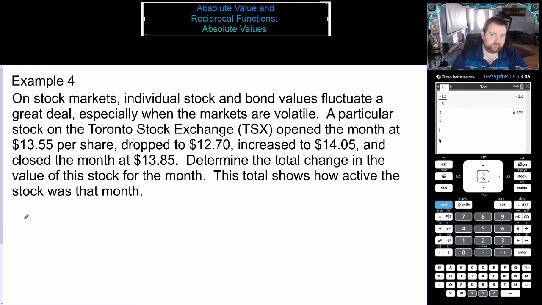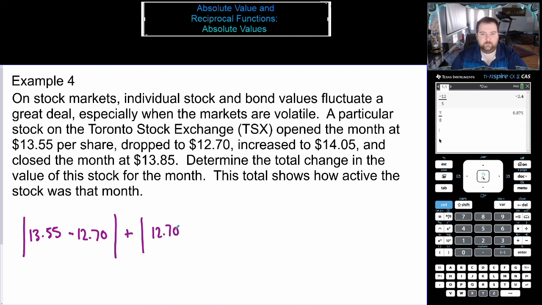So how much change did it go through throughout the month? Okay, well, let's look at the first change. So we went from $13.55, and then it dropped to $12.70. So what I did here is I did the absolute value of the difference, because the difference here is going to be the change, right? How much it changed. And then what was the next one? We went from $12.70 and then to $14.05.